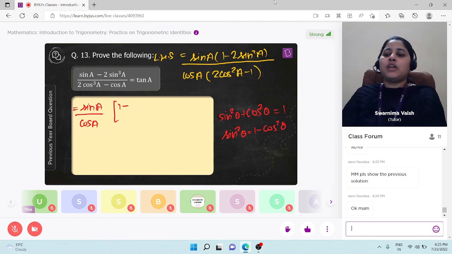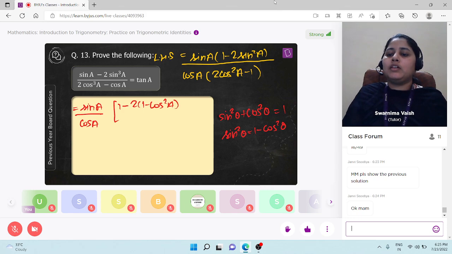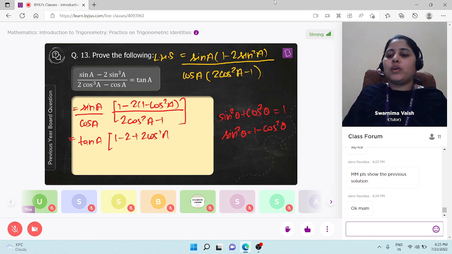Let's put this value. Sine square A will be 1 minus cos square A, divided by 2 cos square A minus 1. So sine A by cos A means it will be tan A, into 1 minus 2 plus 2 cos square A, by 2 cos square A minus 1.